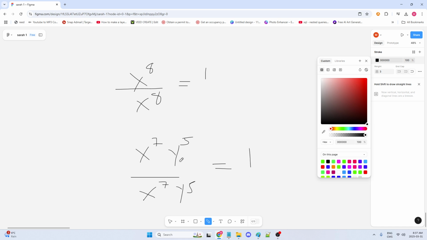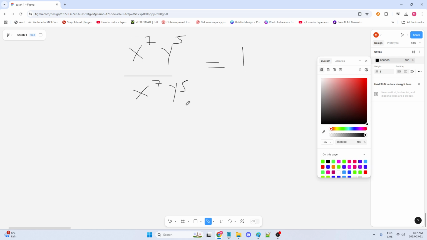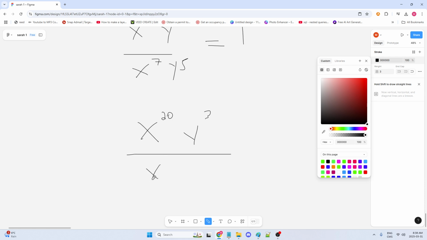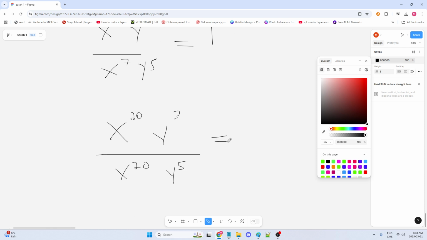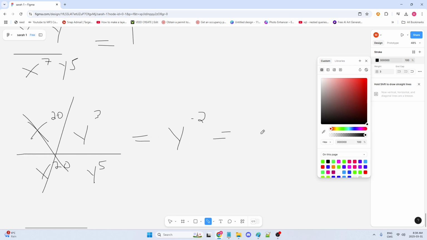Now, for example, you have x to the 20 here and y to the 3 over x to the 20 and y to the 5. So now this is the same, so it cancels out. Now you just look at the y's. So 3 minus 5 is minus 2, which is equal to 1 over y to the 2. Voila.